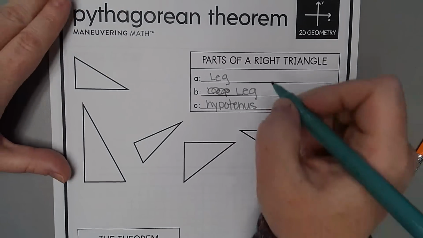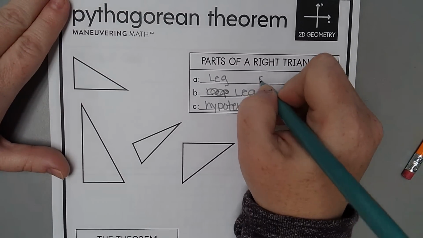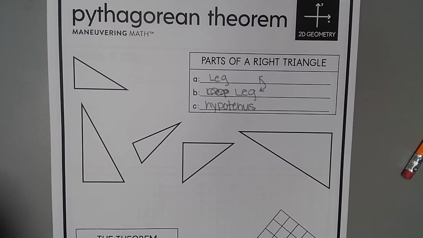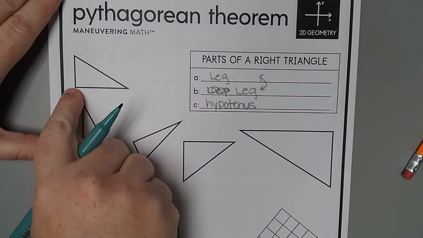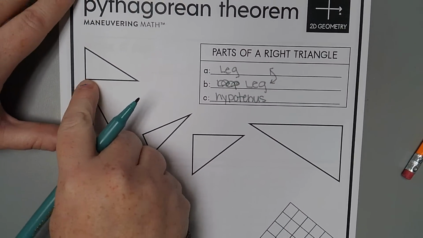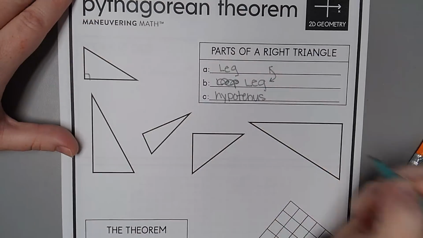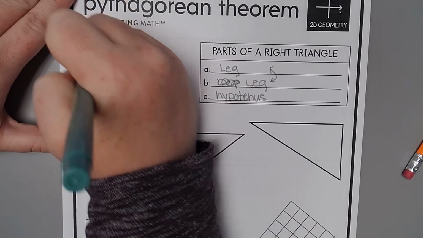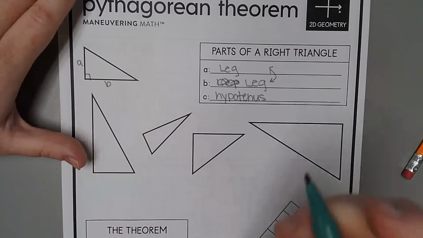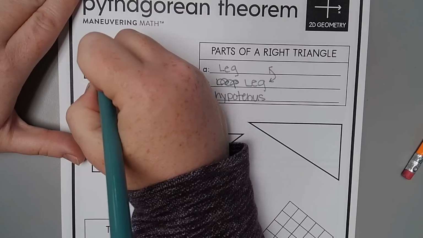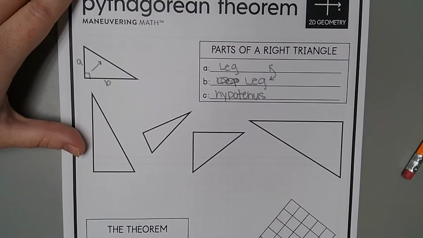So A and B, they are interchangeable. Either one, it does not matter. They do need to be touching each other and connected to the 90-degree angle, your right angle. So that means this is your leg and this is your leg. You could have B and A. Your hypotenuse is across from your right angle.